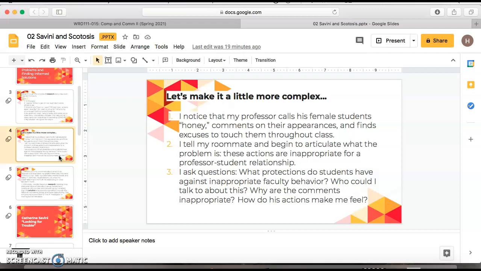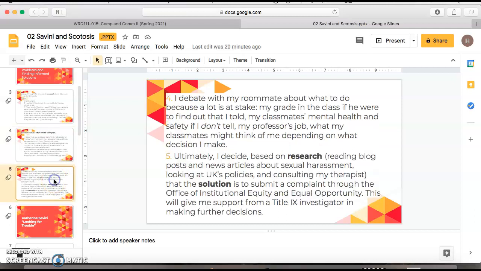So then I tell my roommate and I begin to articulate what exactly this problem is. These actions by this professor are inappropriate for a professor-student relationship. I then ask questions. What kind of protections do students have against this kind of behavior? Who could I talk to about this? Why are the comments inappropriate? How do those actions make me feel?